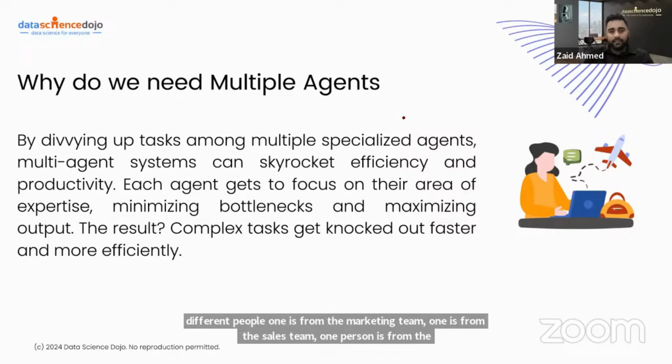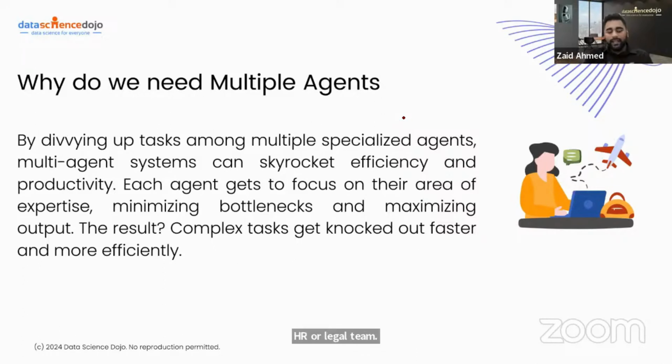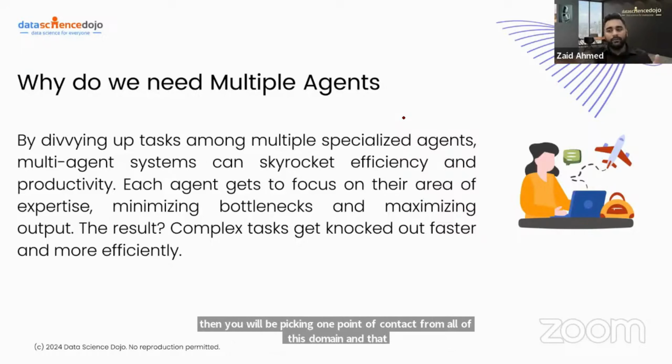These different domains can only be worked efficiently when you have different owners of each domain. To understand a multi-agent scenario, think of it like working with an organization that has all of these different domains, and you pick one point of contact from each domain, and that point of contact will do all of the chores related to that domain.